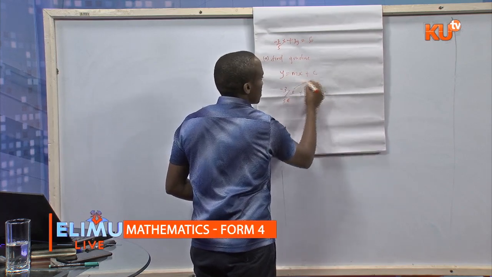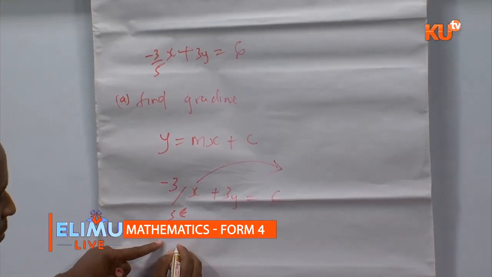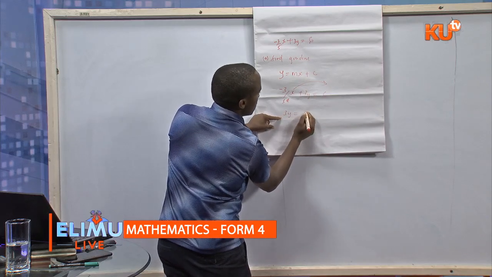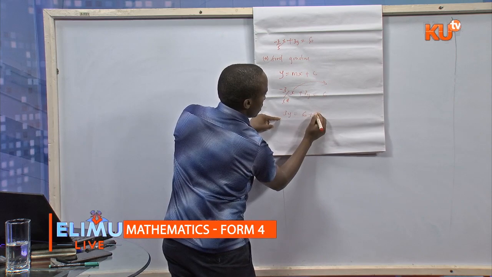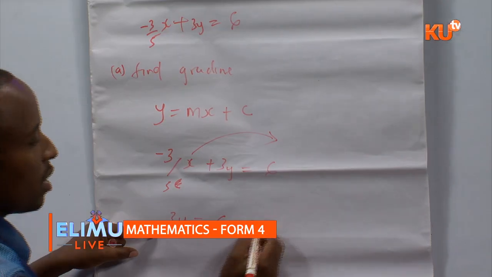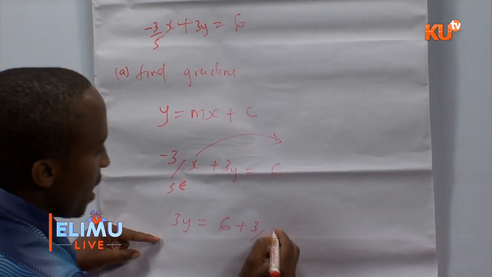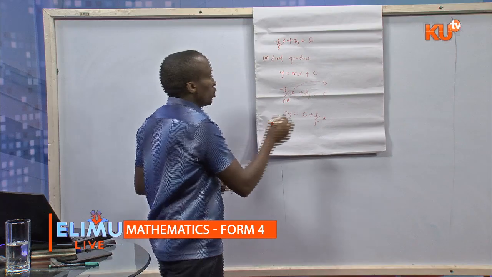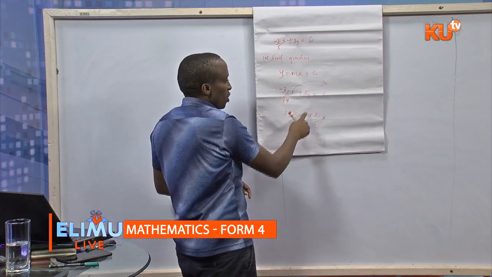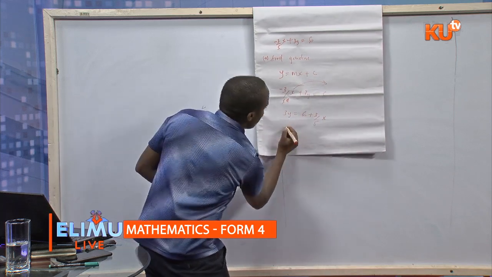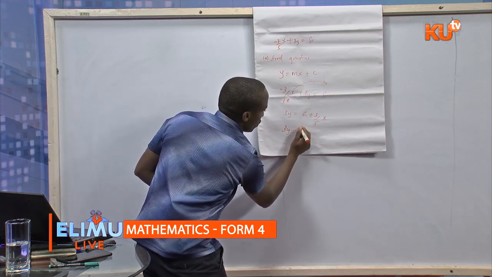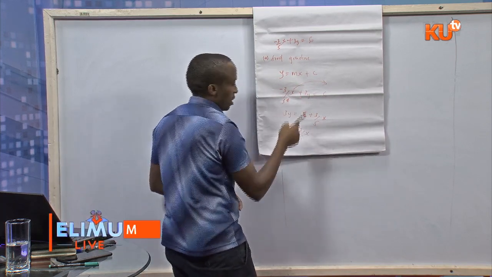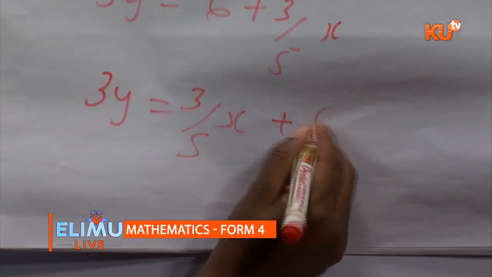You take the other side, so 3y is equal to 6 minus 3 over 5x. We want to make y the subject, but we know in the equation x must be the first one, so we rewrite this as 3y = -3/5 x + 6.